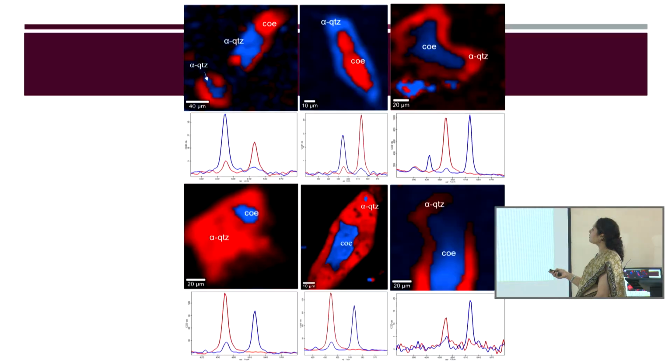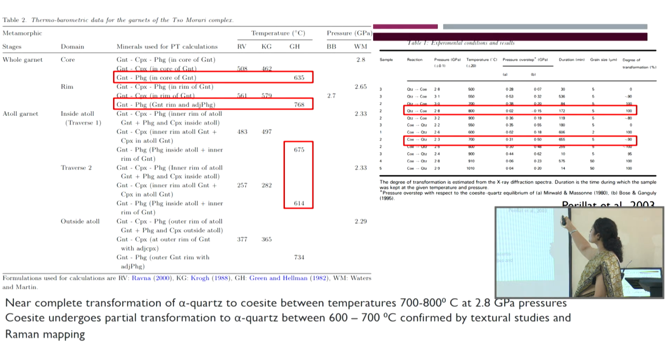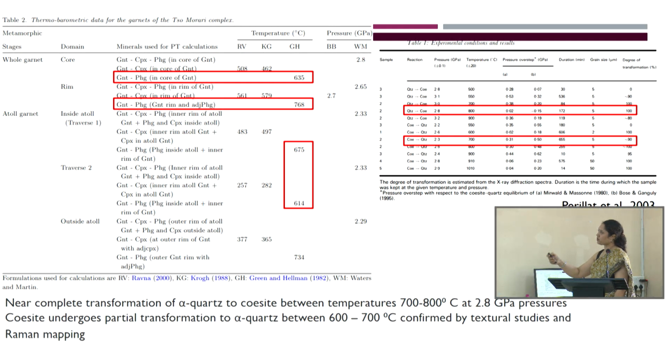Sorry, I'm going back. So it matched well. So when you say 800 as peak transformation, because quartz would transfer to coesite at 800 and we are getting a value of say 768. So that kind of matched well.